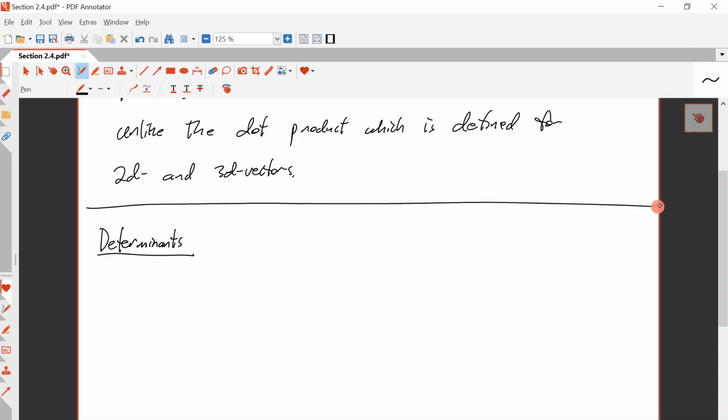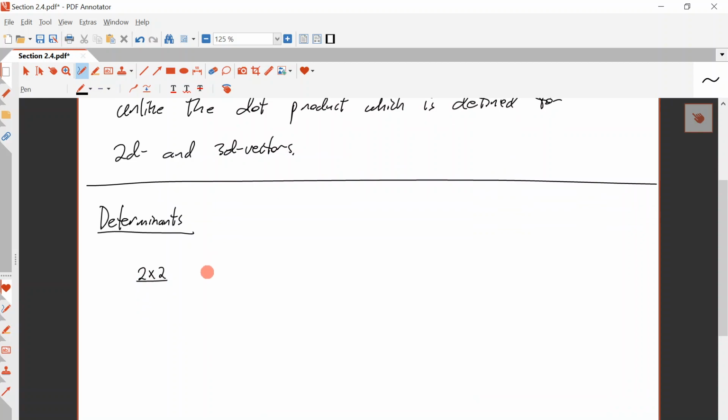So start with determinants. There are two types of determinants that we're going to be interested in. First is a 2 by 2 determinant. If you have this 2 by 2 array of real numbers, then the 2 by 2 determinant, that's the array with these bars around it, is the product AD minus BC.